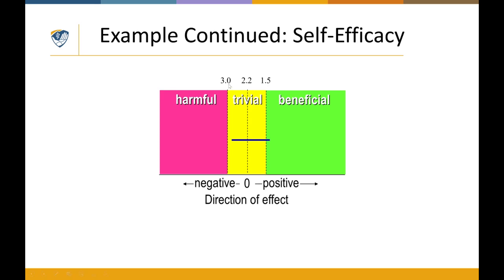What I have labeled here is the mean of the control group up here at 2.2, and here is the confidence interval for these two groups. Now, the blue line represents the mean and the confidence interval for the standardized patient group. The middle of this bar would be the mean, and here's the lower and upper boundary of the confidence intervals.